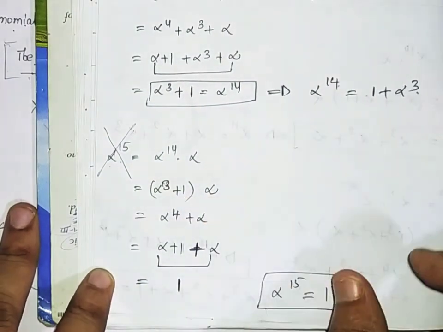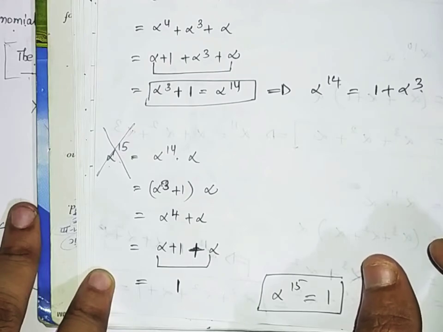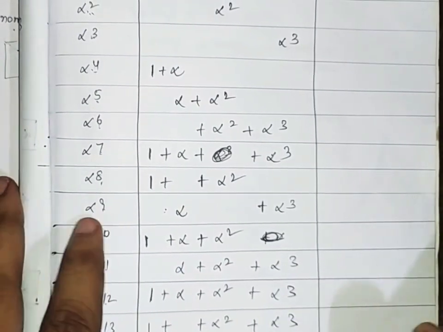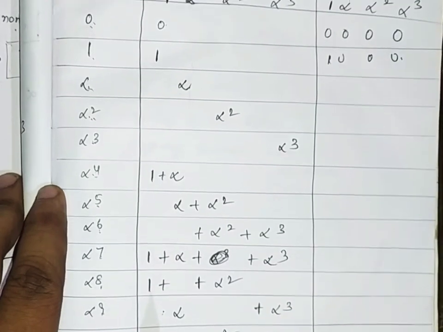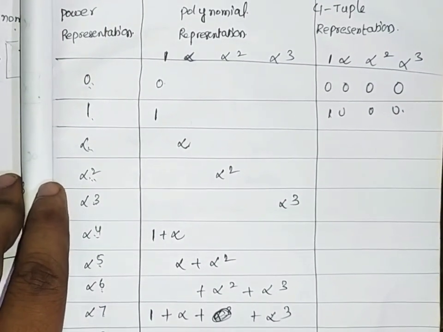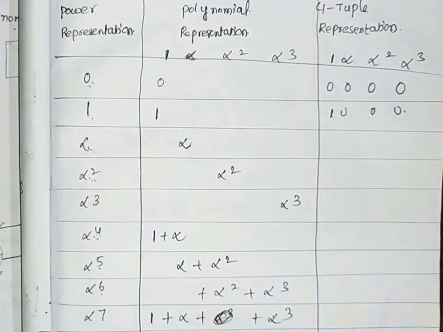All the results we obtained up to now are tabulated in one particular table. That is called the summary table. This summary table is very important in order to understand the remaining concepts. So these are the 16 different elements.